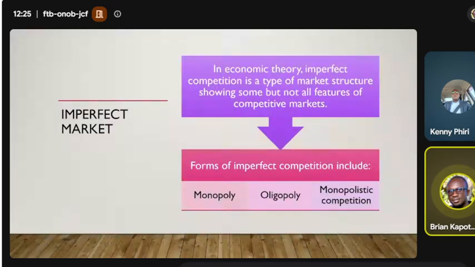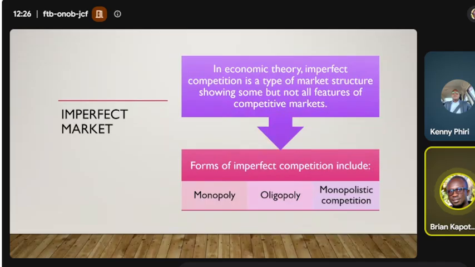So now, when we go into an imperfect market, we can narrow it down a little bit to the different definitions of what would make an imperfect market. So we have the different things like a monopoly, oligopoly, as well as monopolistic competition.